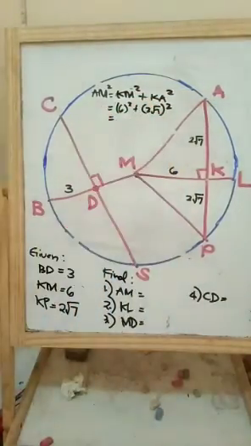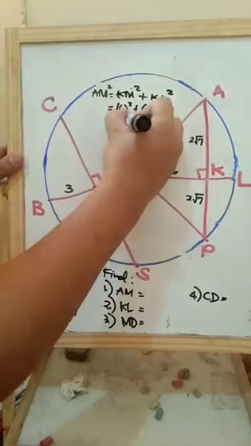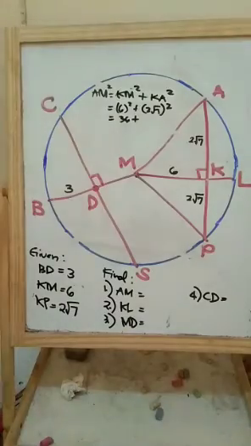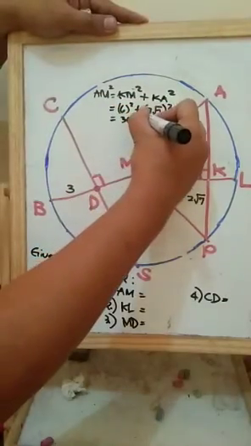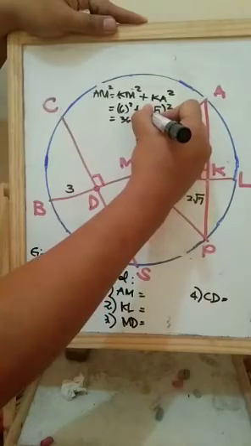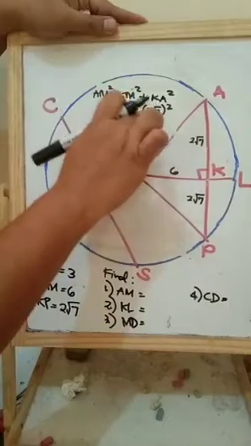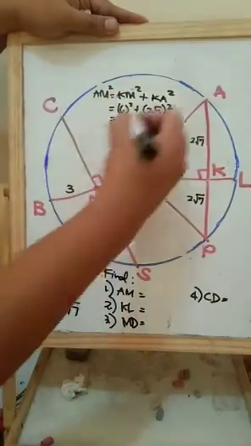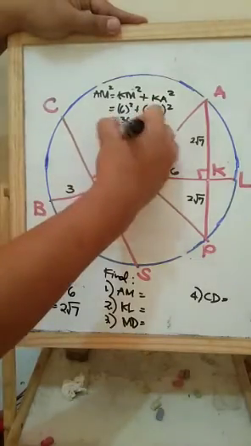So, 6 squared obviously is 36. Plus, 2 times square root of 7 squared, that is 4 times 7, and 4 times 7 is 28.